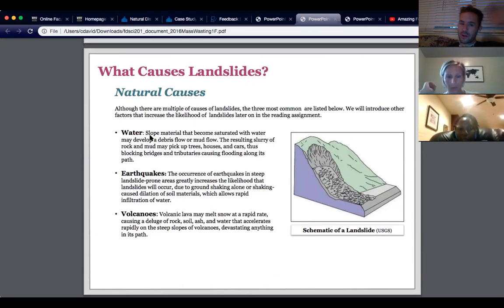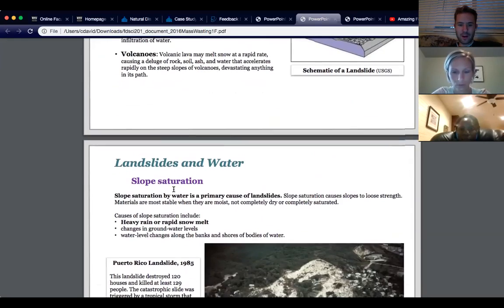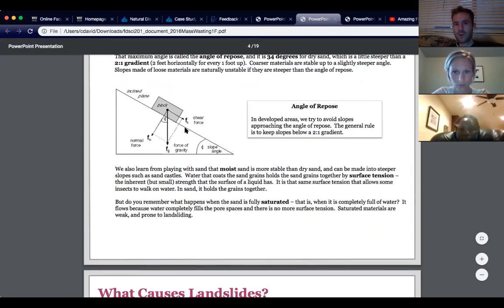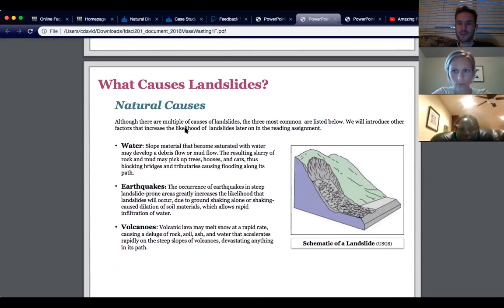So there's a couple of factors that can go into landslides, with natural causes. One is slope, which is not listed right here, but that's what all of this with angle of repose is talking about. Slope is a cause. You have a steep slope, and then all of a sudden you get a lot of water in the material. That makes the material weaker and can cause it. Earthquakes can cause it.